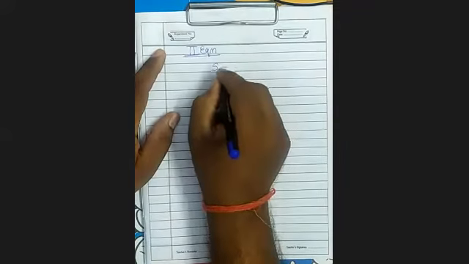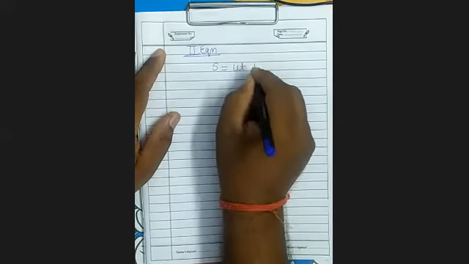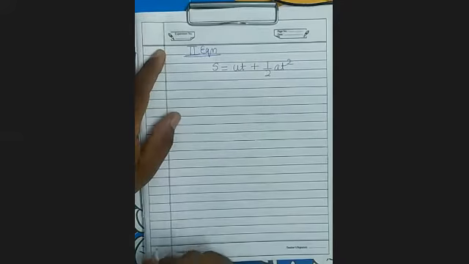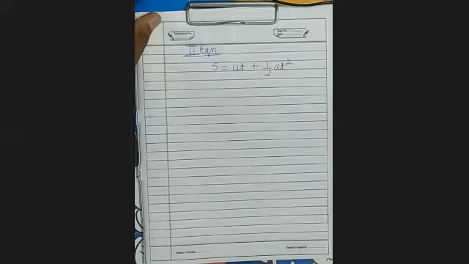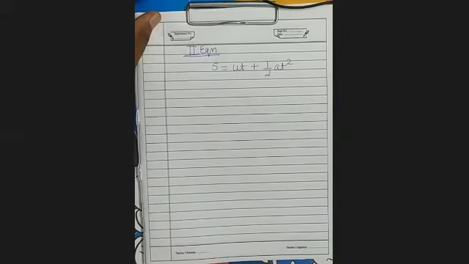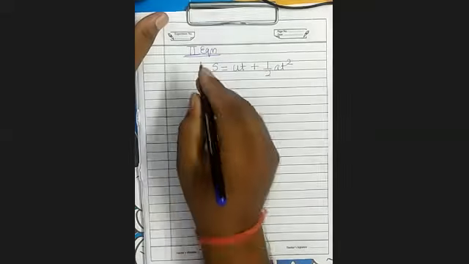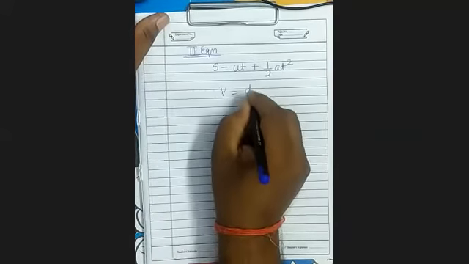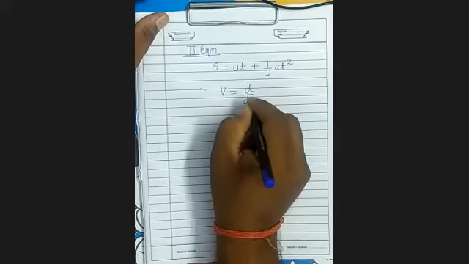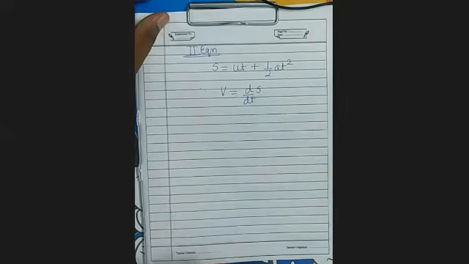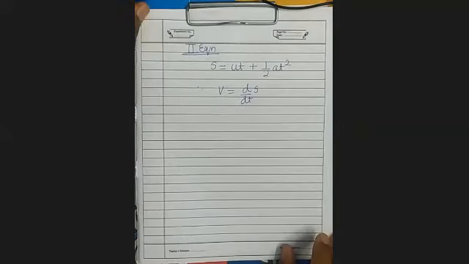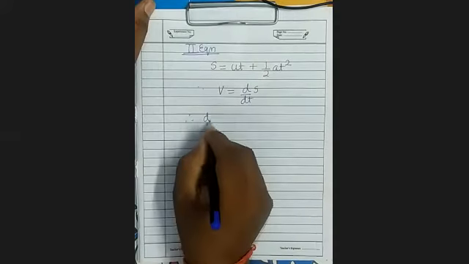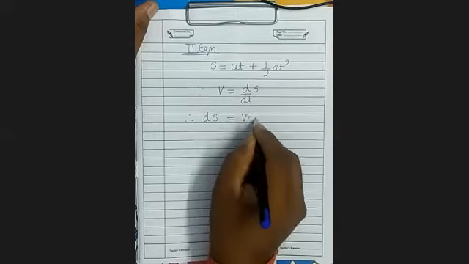s equals ut plus half at square. This is the second equation. Now we will derive this. So see here, since v equals d by dt of s, the rate of change of displacement, therefore ds equals v into dt.